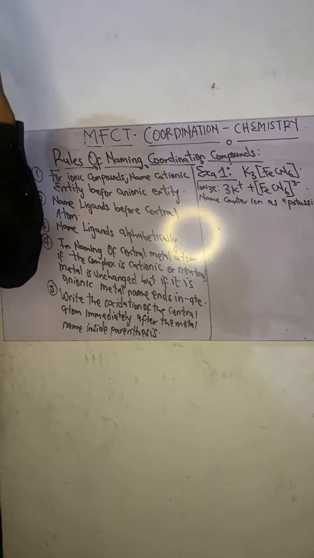If we have 2 monodentate ligands, we use di; 3, tri; 4, tetra; 5, penta; 6, hexa; 7, hepta.